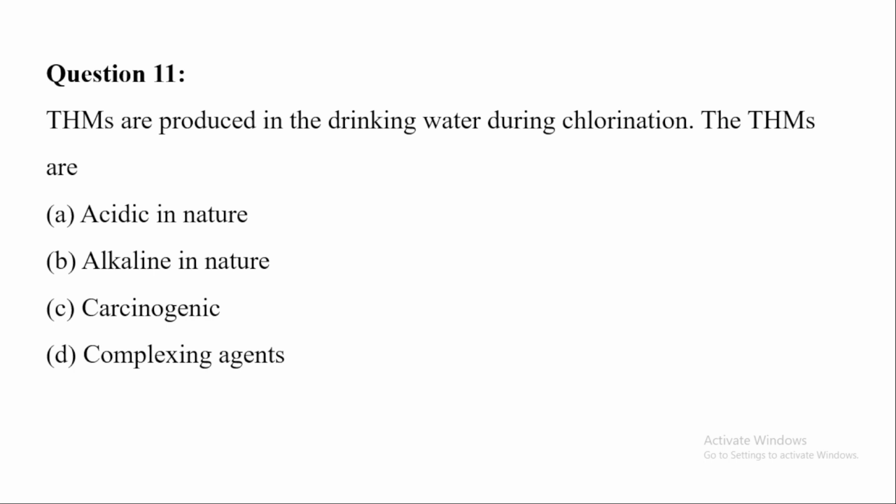During chlorination, the chlorine reacts with certain organic matters, which in turn get converted into trihalomethanes. So these THMs are actually carcinogenic. What do you mean by carcinogenic? Carcinogenic means something that can cause cancer in the cells, that can convert the normal cells into cancerous cells.